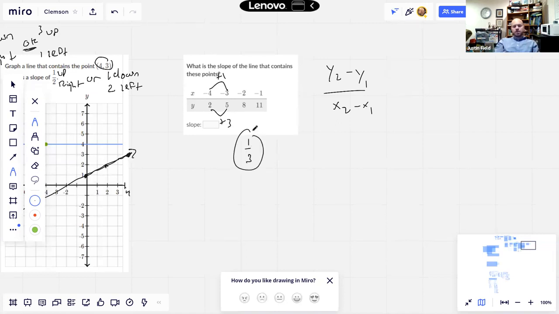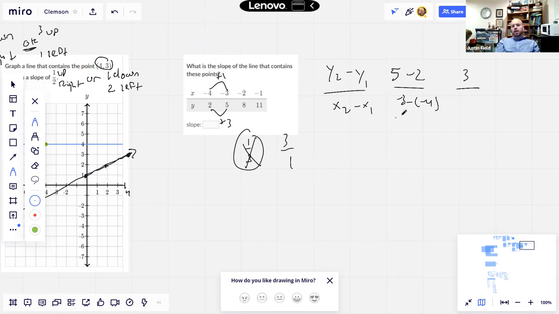Done. It's just another way to look at it, but we could also substitute in the formula. So it would be 5 minus 2, right? And then the bottom, -3 minus a -4. And then that's 3. I cannot believe that I put my run over my rise. It's 3/1. I'm glad that I'm doing it another way. Woo.